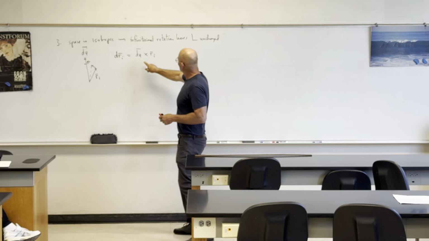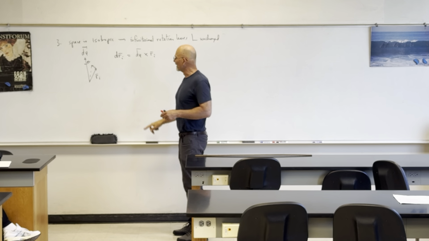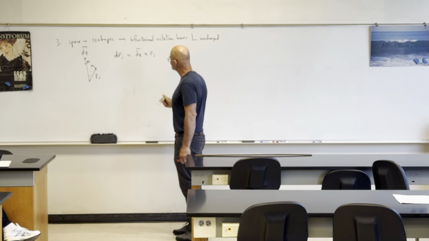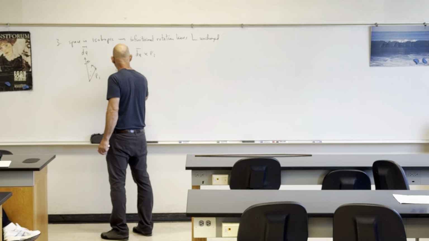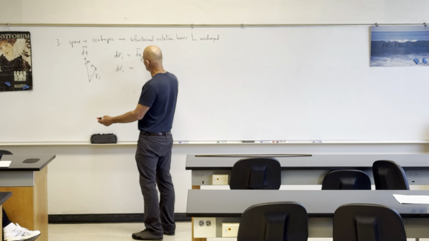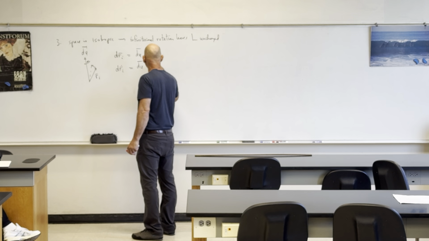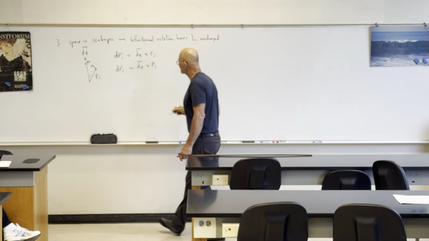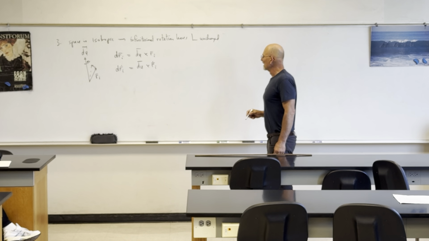And the dφ is the infinitesimal rotation of the entire coordinate system, whereas this is just an individual one here. So dr sub i dot is just dφ cross the velocity. So that's what the infinitesimal rotation does to any vector.